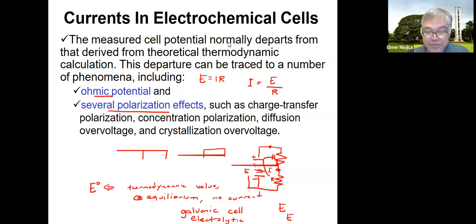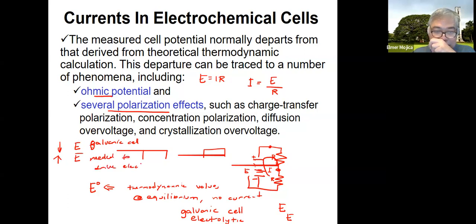So what do you think will the current cause in the potential that you have? So si Rain lang ang may sagot. How about yung iba? So current causes a decrease in the measured potential for a galvanic cell, and it causes an increase in the potential needed to drive an electrolytic cell.